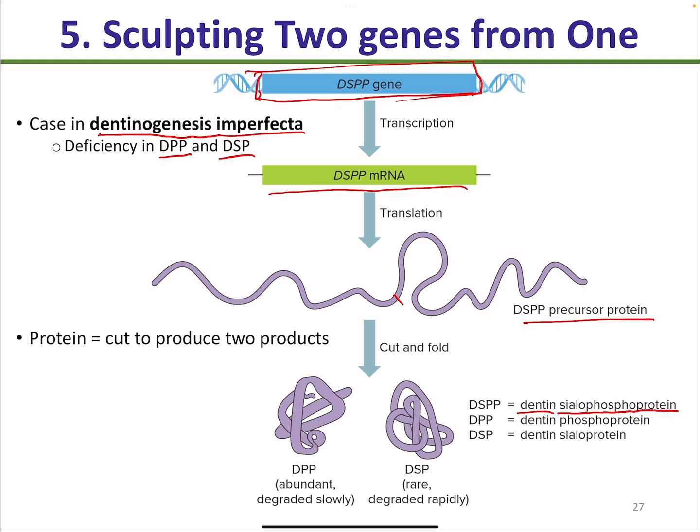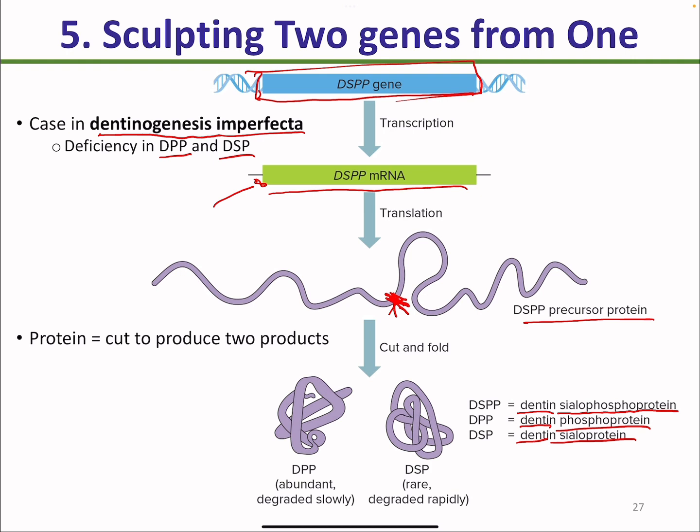Then we have a messenger RNA for DSPP, and then we have the precursor DSP and DPP proteins. Okay? So that precursor is going to be cut right here so that we have the production of the dentin phosphoprotein and the dentin sialoprotein. All right?